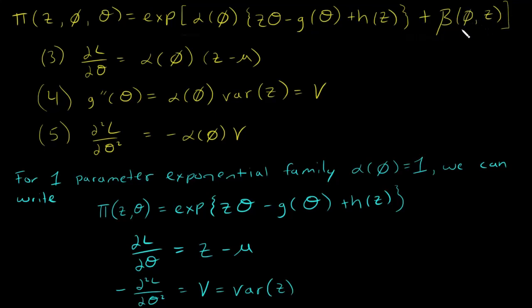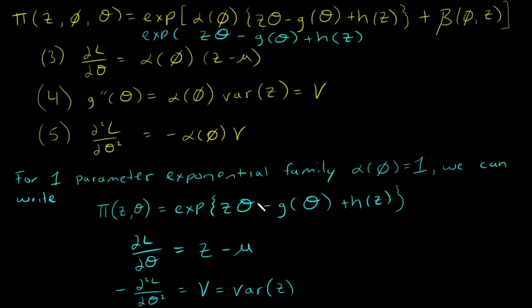So when alpha of phi equals 1, I basically end up with this being 1. So 1 times anything is just itself, so I can just not write that. And then I have z of theta minus g of theta plus h of z. Now, this is no longer a function of phi, right?